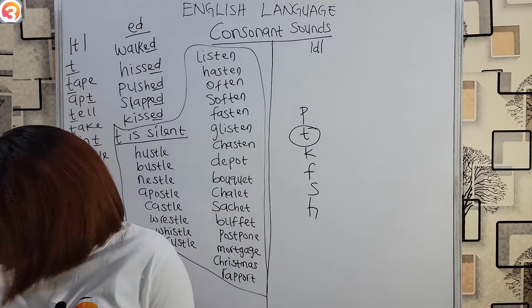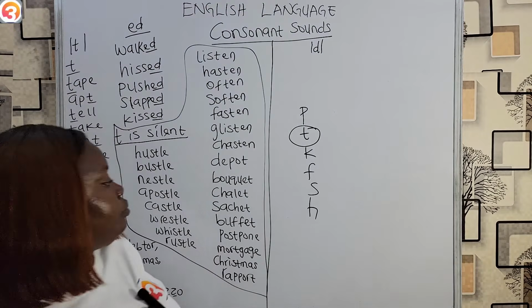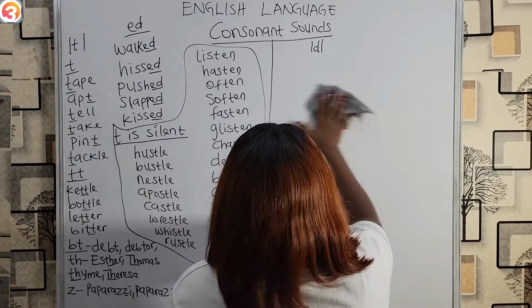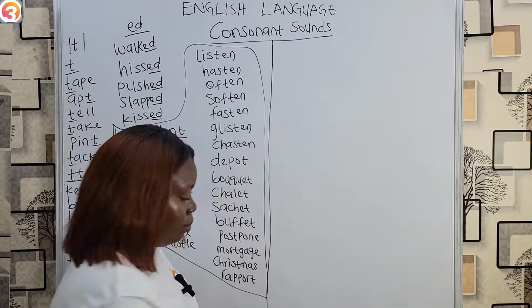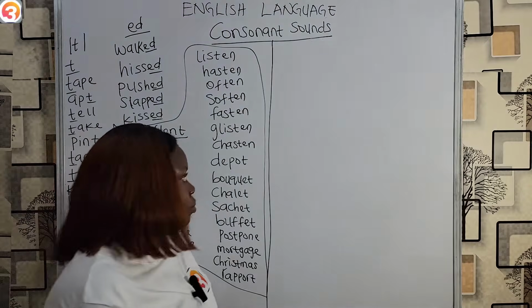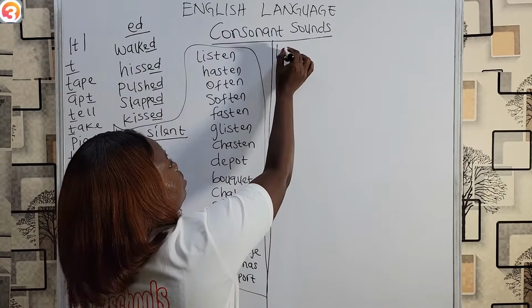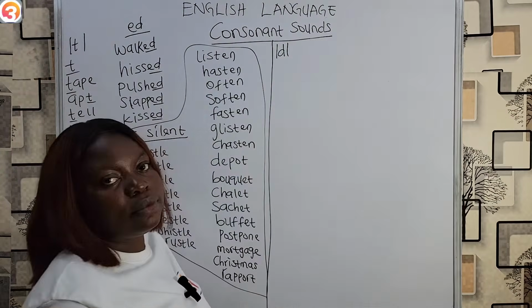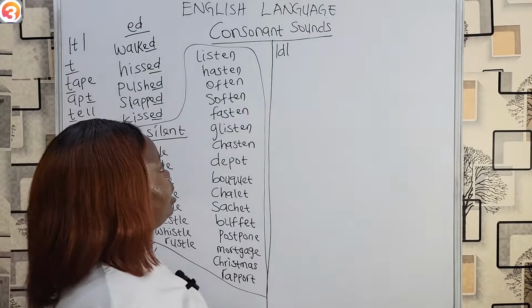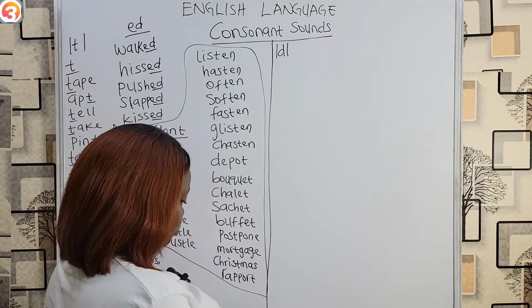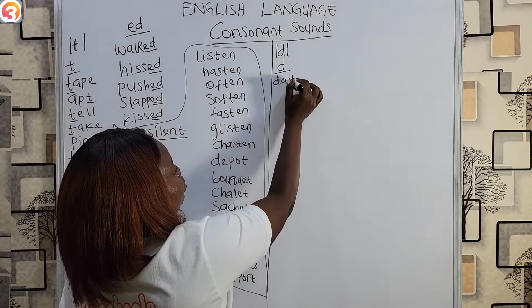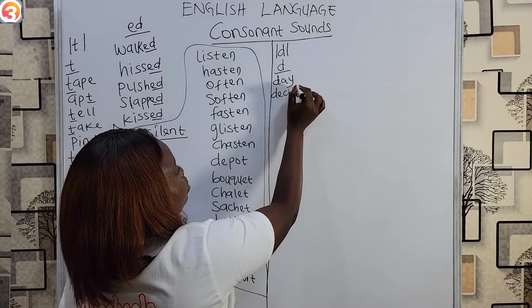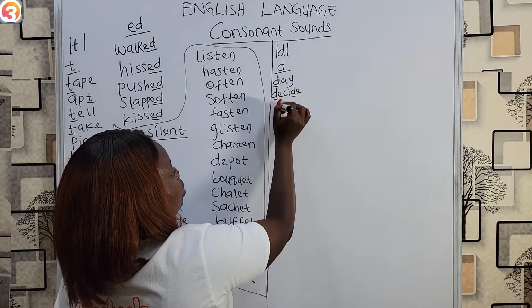We quickly run through consonant sound D, pronounced as D. This sound is pronounced D. We can find it in words containing letter D. Day, side, deep.